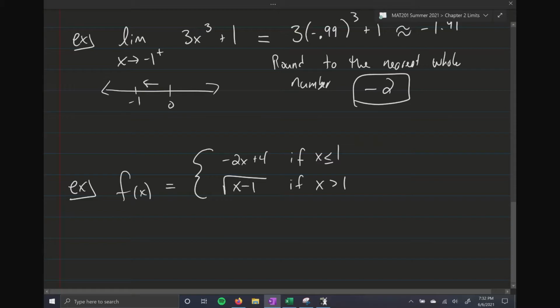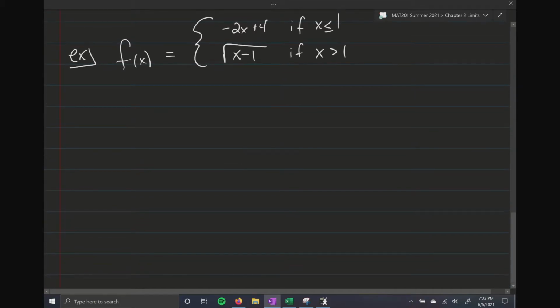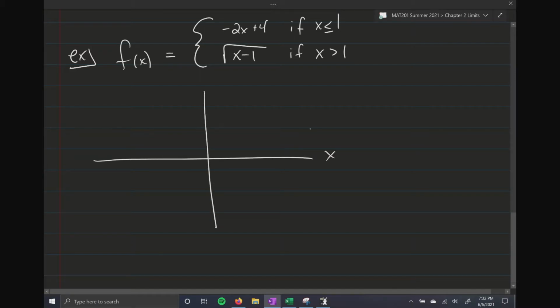Now, if you forget how to draw a piecewise defined function, I'm going to show you right now. The best thing for you to do is to, honestly, put down your pen or a pencil and just watch. All right? It's not a specific way, but for me, it's the easiest way. So I'm going to do my little XY, Cartesian coordinate plane.